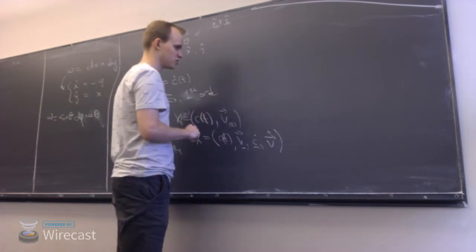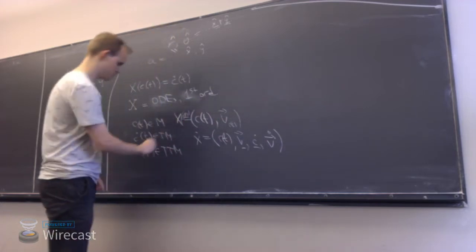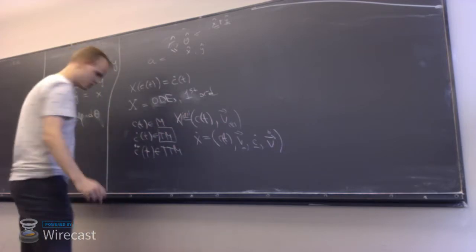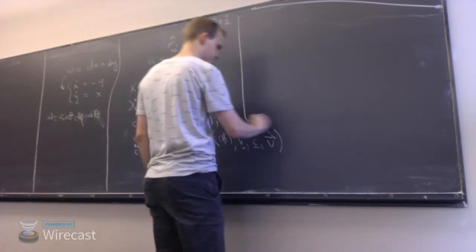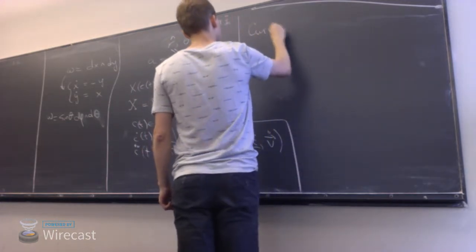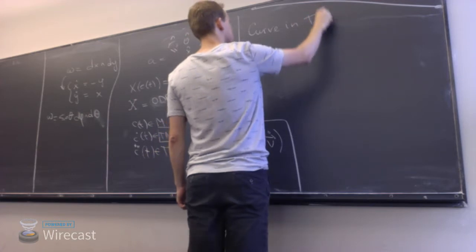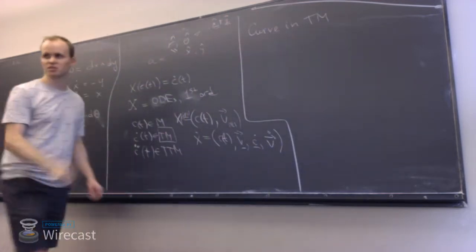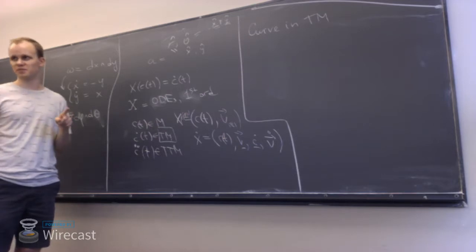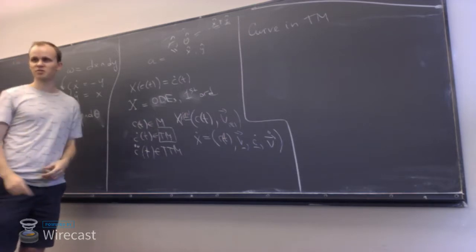So in the tangent bundle, let me say this. A curve in a tangent bundle, what does it look like? Not a curve in M, a curve in TM, right? What does it consist of?